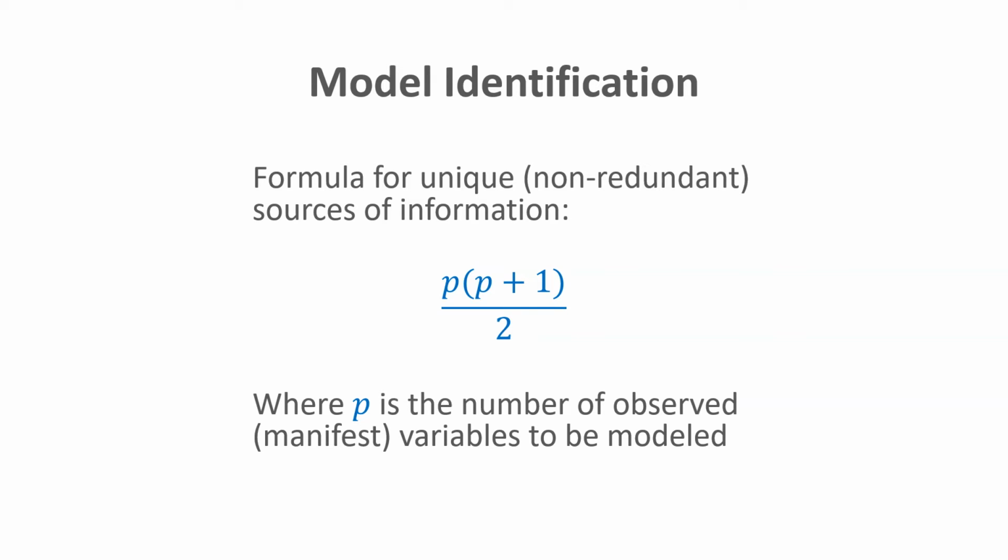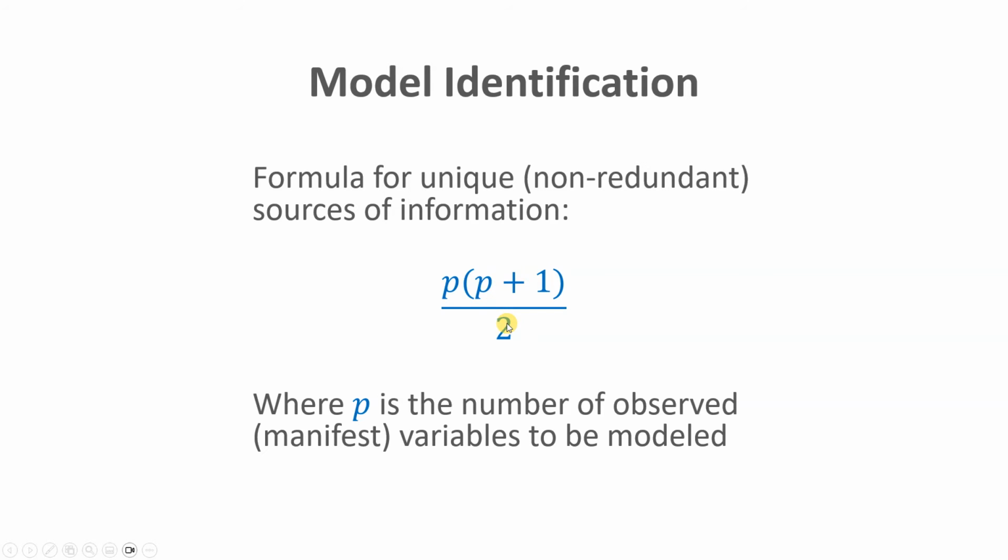The formula for calculating the number of unique or non-redundant sources of information is very simple, okay? Where P in this formula represents the number of observed or manifest variables in the model. These are the variables, again, that appear in those rectangles. These are things that we've actually measured. So it's just P plus 1 times P, and all of that divided by 2.